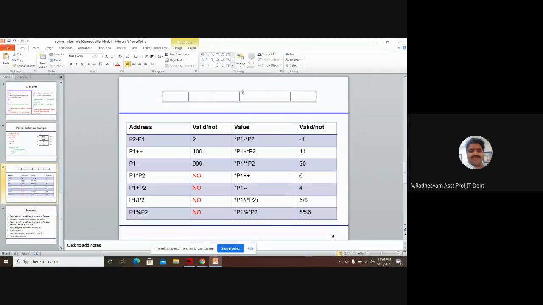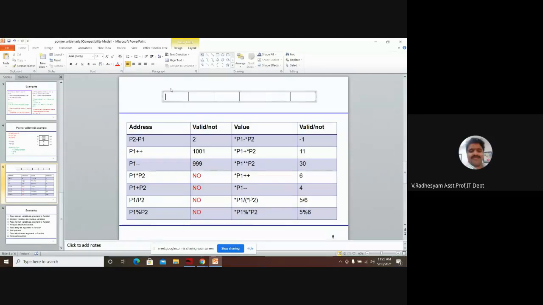The base address will be held by a pointer.